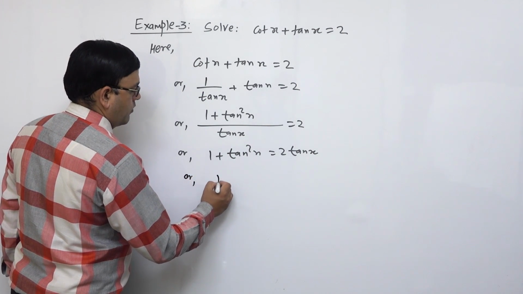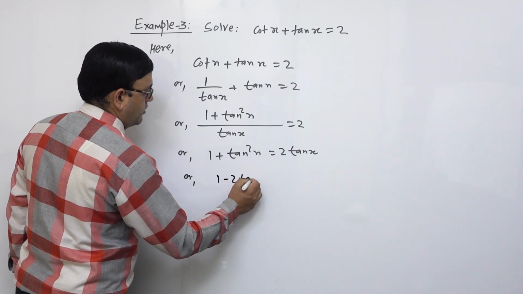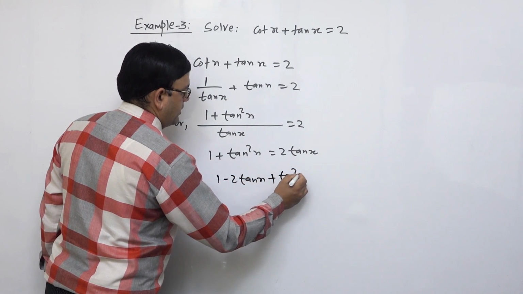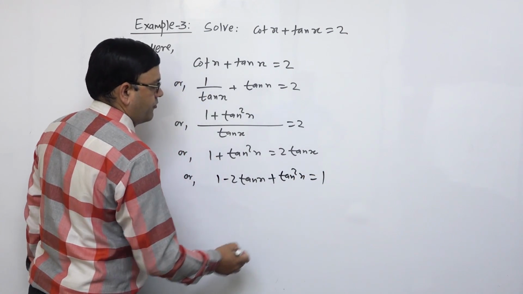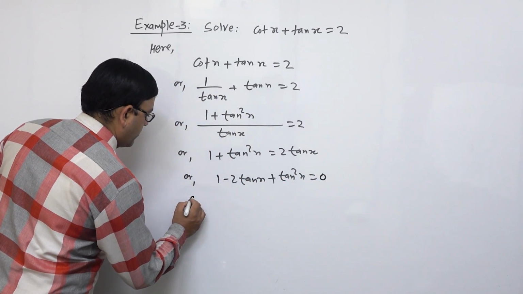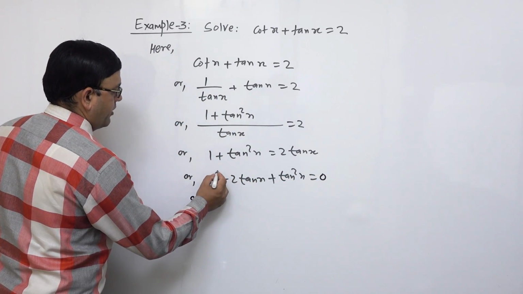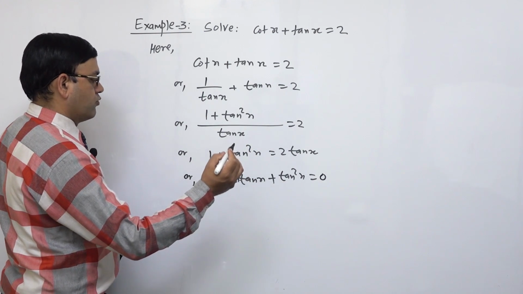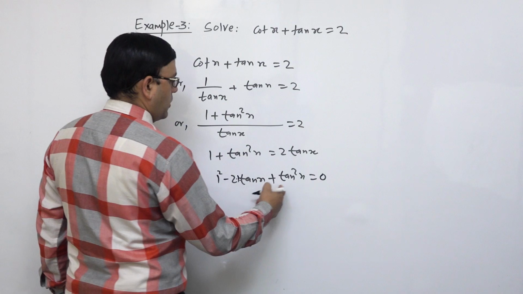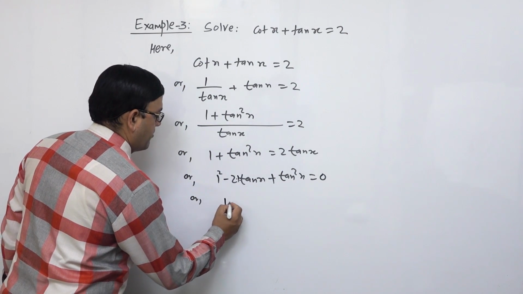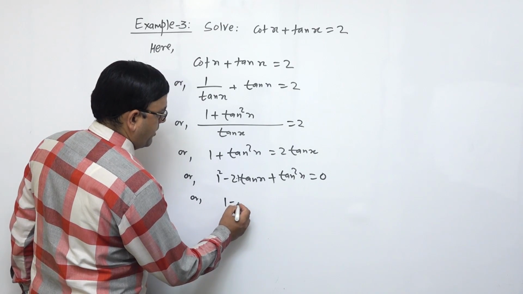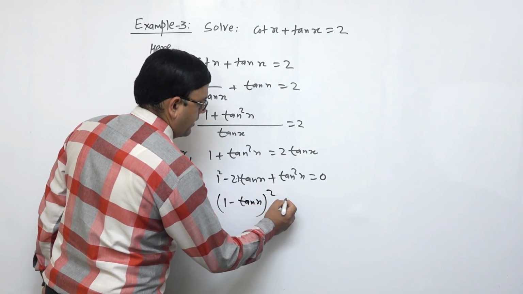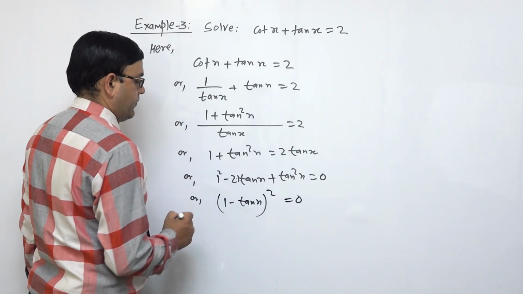Here it is 1 minus 2 tan x plus tan square x is equal to 0. We can see this is of the form a square minus 2ab plus b square. That means (1 minus tan x) whole square is equal to 0.